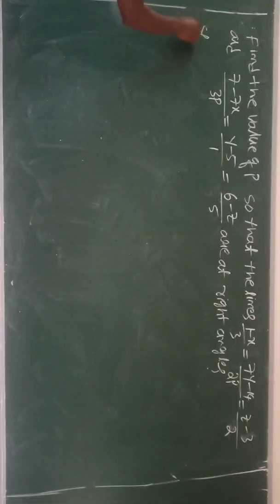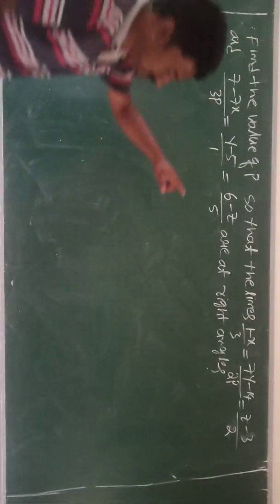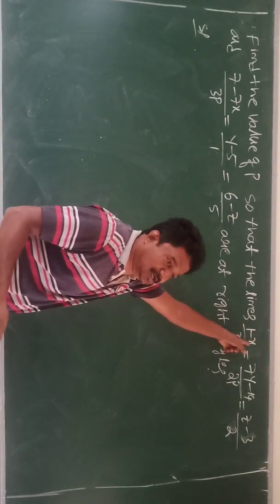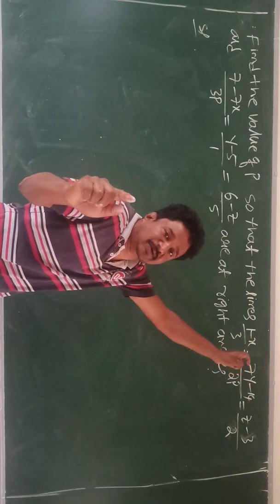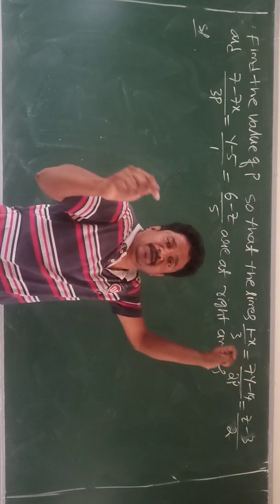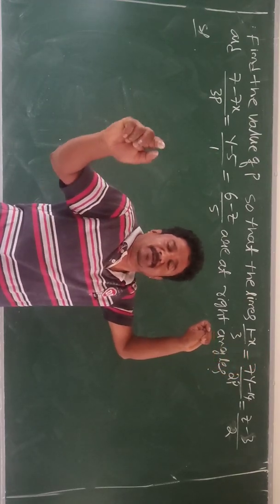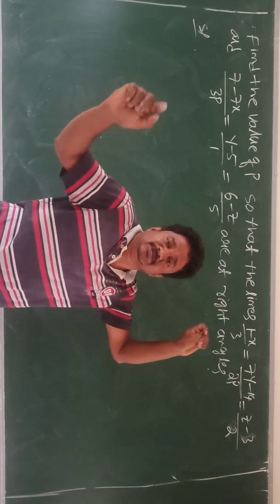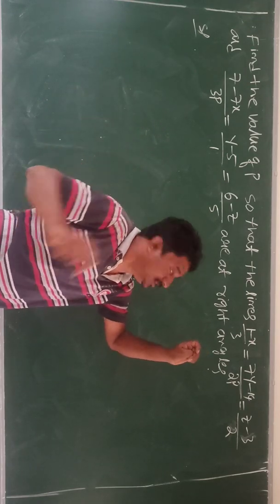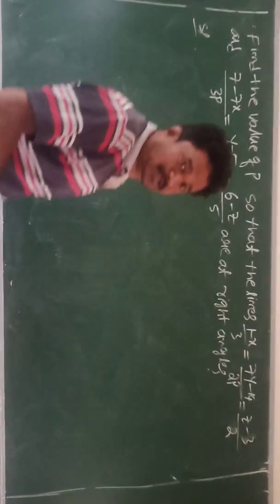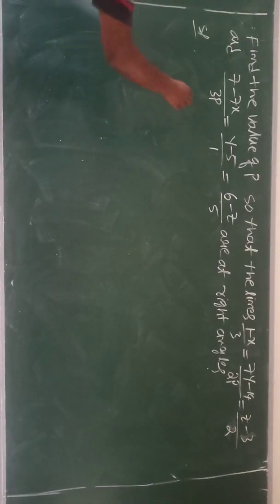Okay, students, solution. In standard form it should be (x minus x1) by a is equal to (y minus y1) by b is equal to (z minus z1) by c. Let us do that. Bring the minus out from the first term: minus of (x minus 1) by 3.